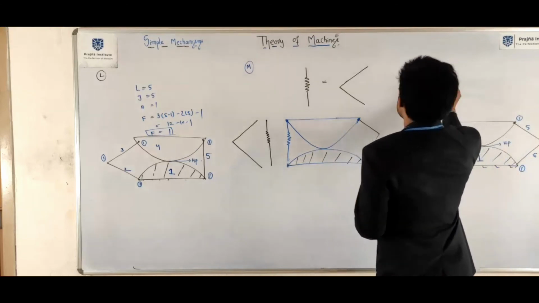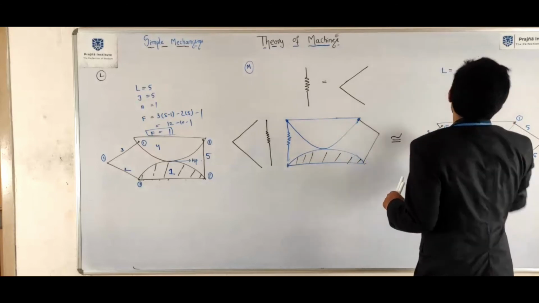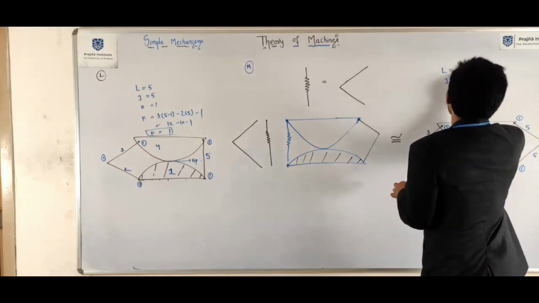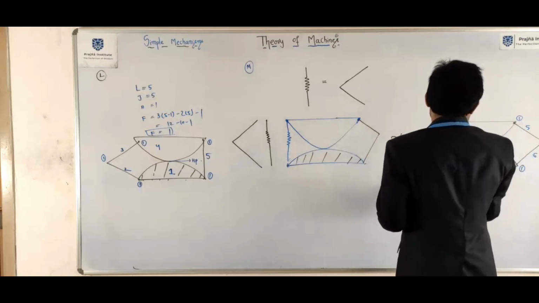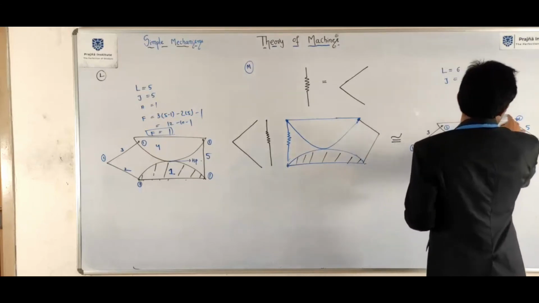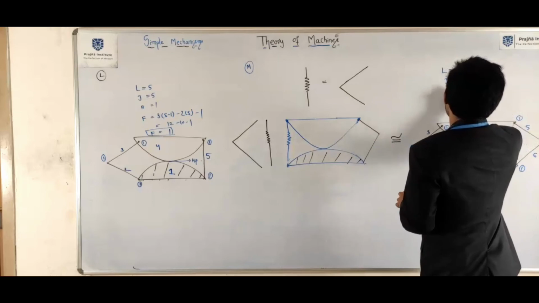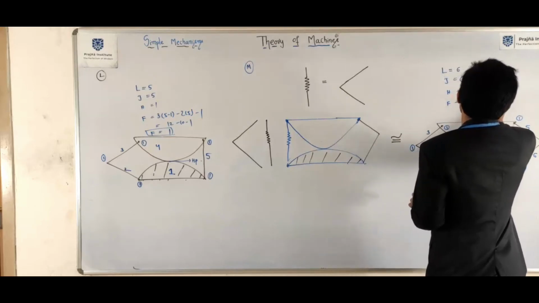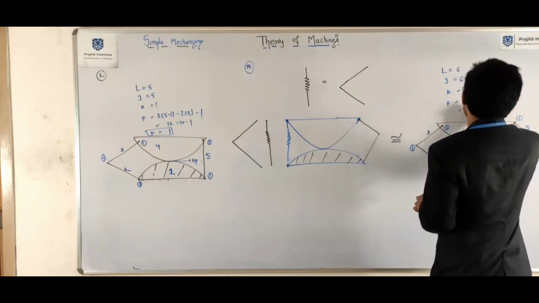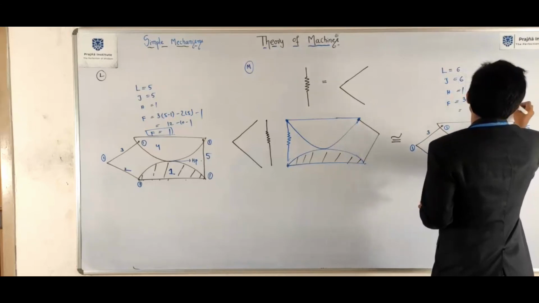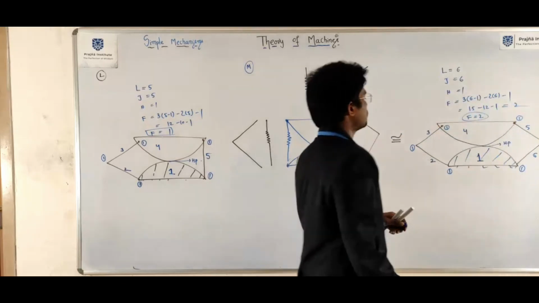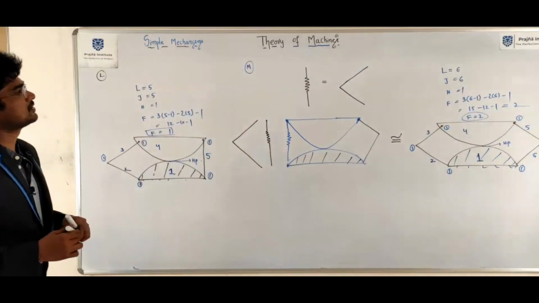Total number of links is equal to 6. Number of joints 1, 2, 3, 4, 5, 6. F equals 3 into (6 minus 1) minus 2 into 6 minus 1, that is 15 minus 12 minus 1, which is 2. Equal to 2 for this particular thing.